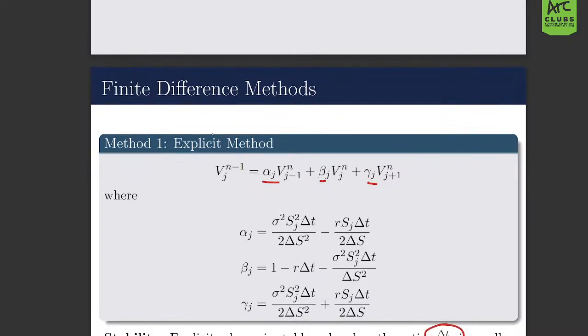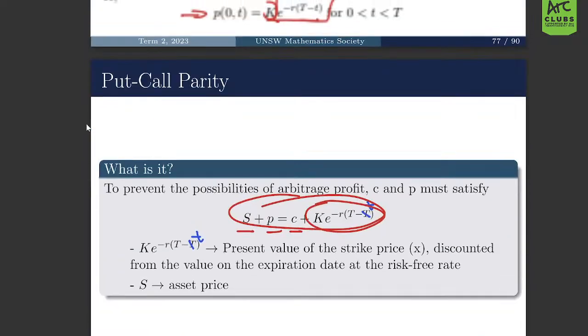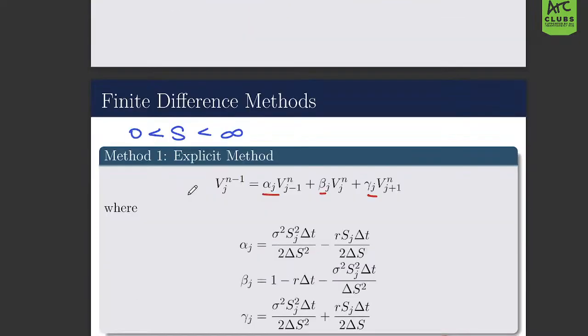Remember before we talked about S being inside a range of 0 to infinity from the Black-Scholes definition, but in finite difference methods, it's pretty clear from the name that we can't really deal with infinity. That adds too much complication, and it messes with accuracy and stability.